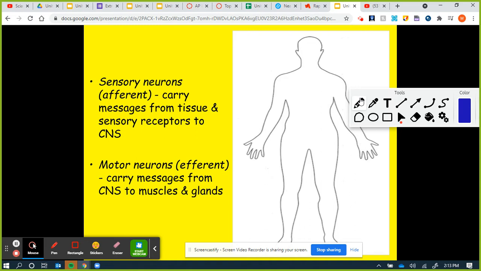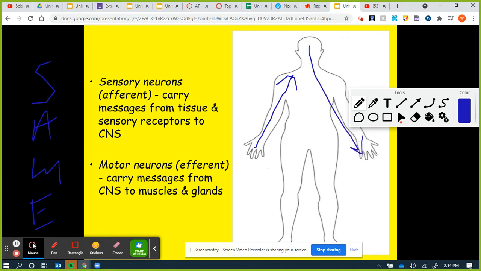Sensory afferent, motor efferent. Sensory neurons send signals from the peripheral nervous system to the central nervous system. And then motor neurons send movement signals from the central nervous system out to the peripheral nervous system to control our muscle movements.